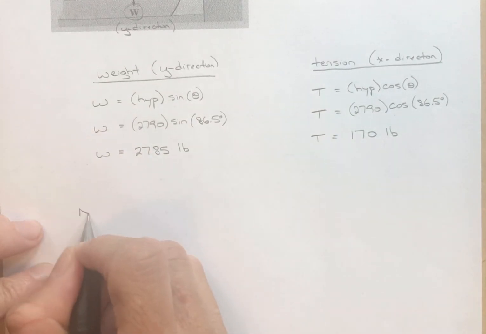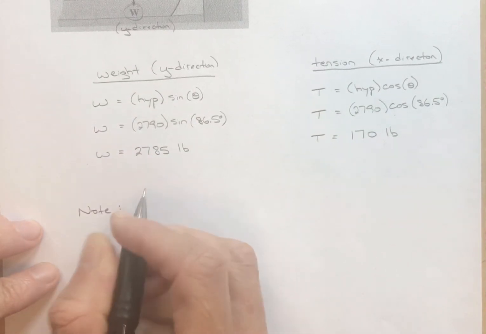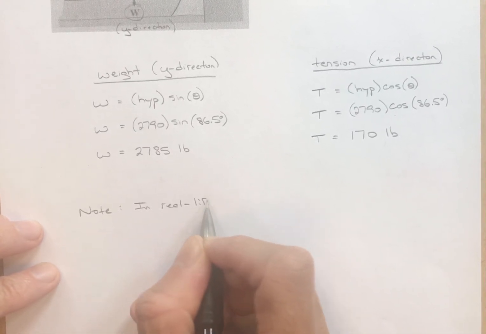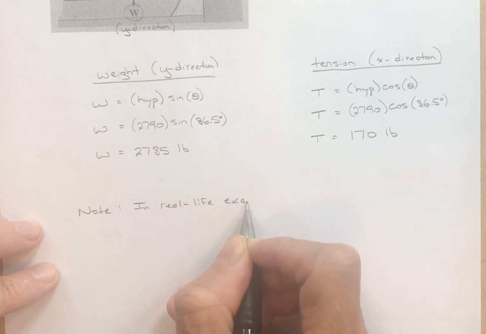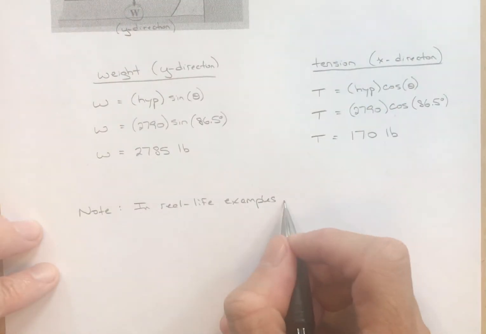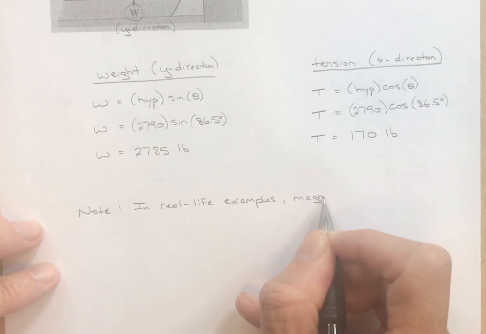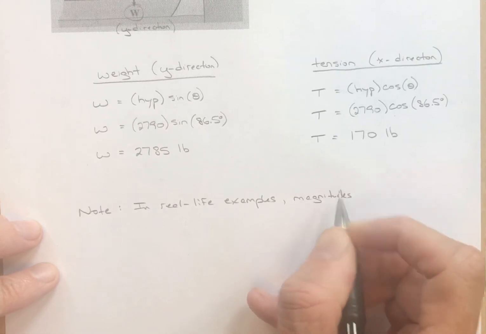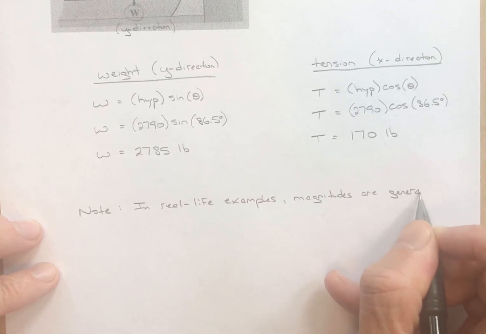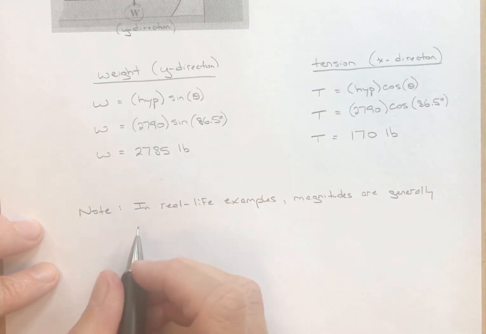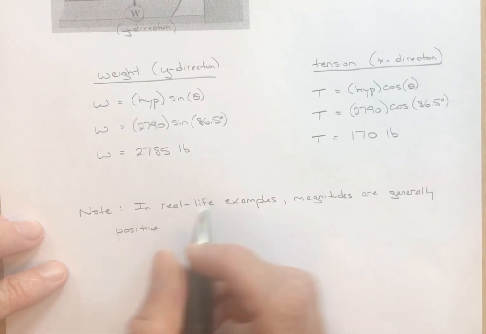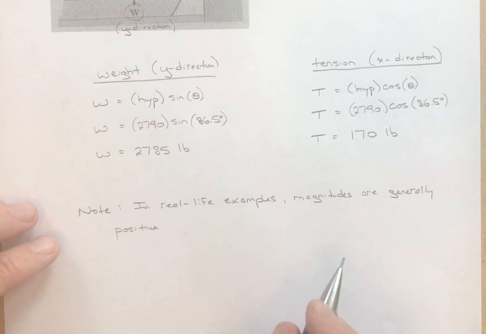Just a note here. In real life examples, so this is obviously kind of a nice physics example, magnitudes are generally positive. We don't say we have a negative weight.